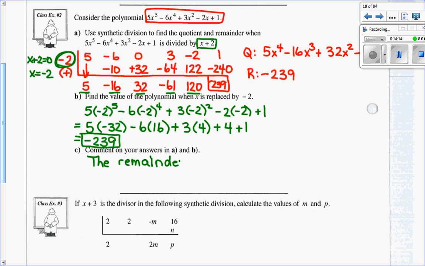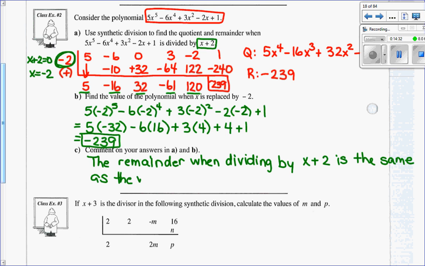The remainder, when dividing by x plus 2, is the same as the value when x is replaced by negative 2.